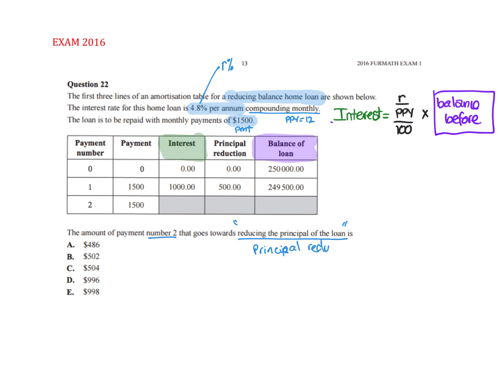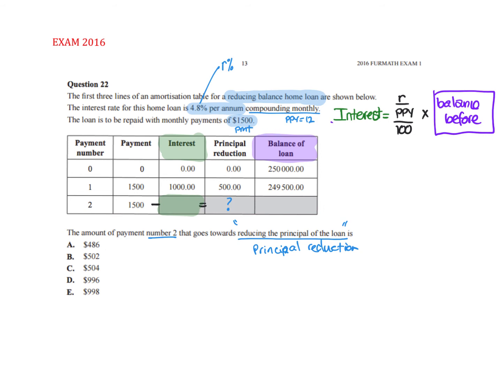So that's this question here. So we saw before, if we do the payment minus the interest, that will give us the principal reduction. So we need to work out this interest amount here. We need to work out how much interest went into that.